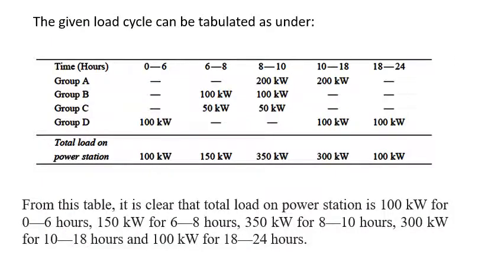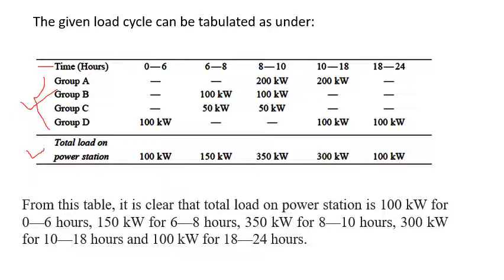Now from the given question, first we prepare the load cycle table. This table is between time in hours and load for all the four groups, and the total load on the power station.